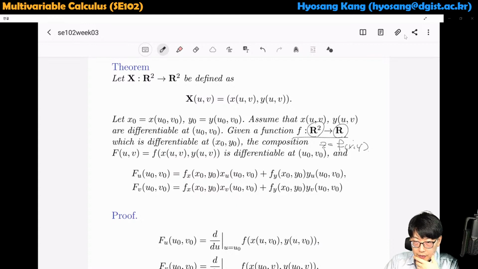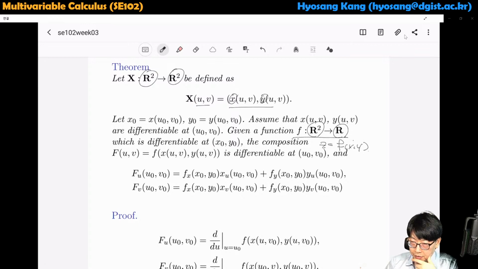But we have another function, not a parametric function, but just called a transformation. It sends points in the two-dimensional plane to the two-dimensional plane. So it sends a point (u, v) to (x, y). So x and y are both functions of two variables u and v. I simply give the same names to those coordinate functions, x and y.